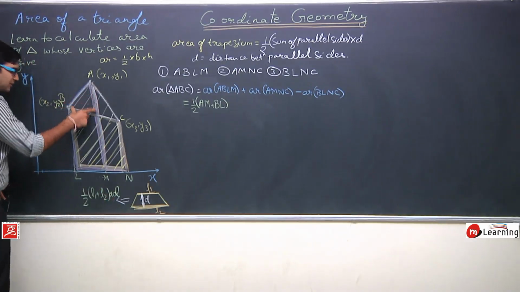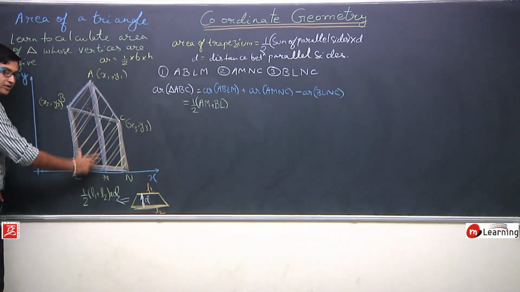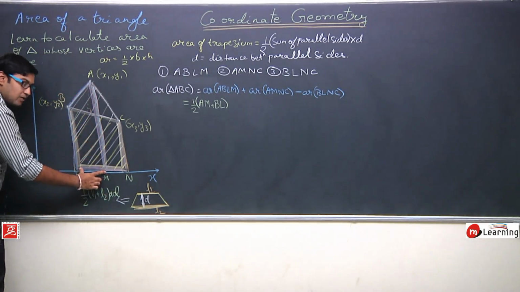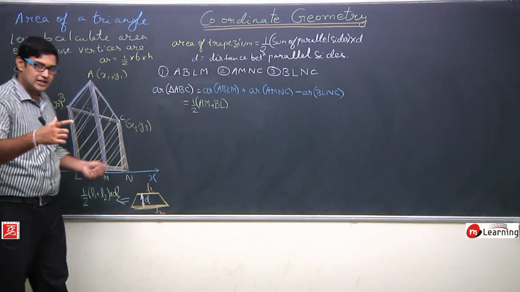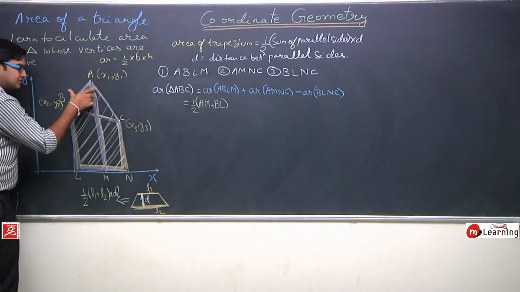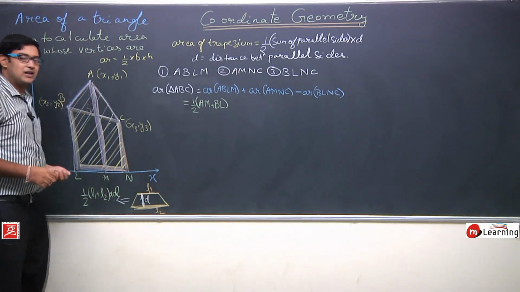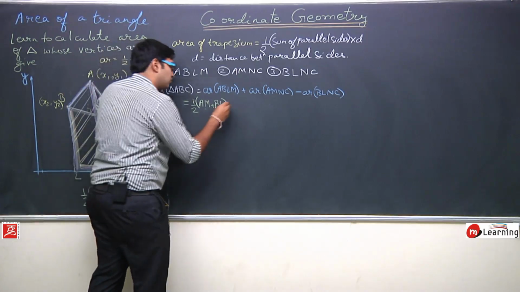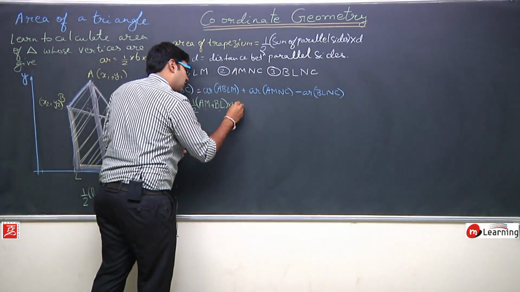So what is the distance between these two parallel lines? The distance between these two parallel lines is equal to LM. Okay, because the distance remains constant between two parallel lines. So LM is basically the distance between these two parallel lines. So half into sum of parallel sides into distance between them, LM.